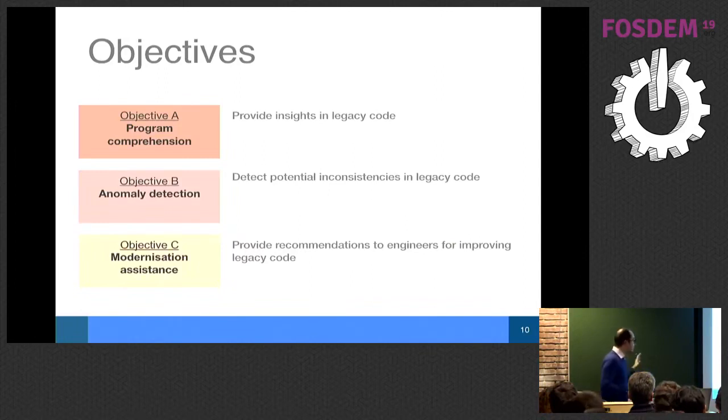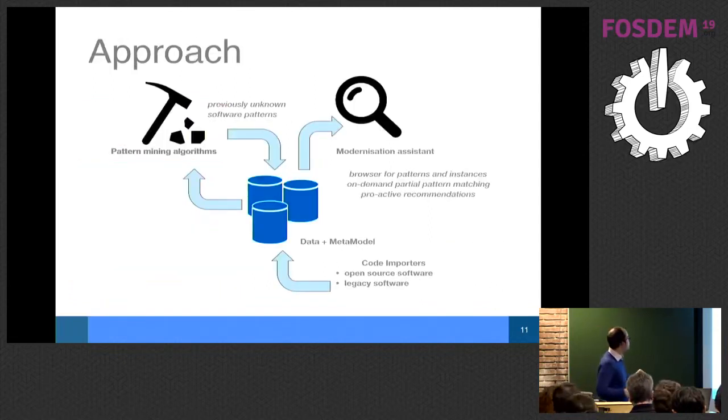But our final goal is to build a full modernization assistant that actually is able to tell you which mistakes you are making, and to create a better language without a lot of effort. So to transpose your code from a language to another.